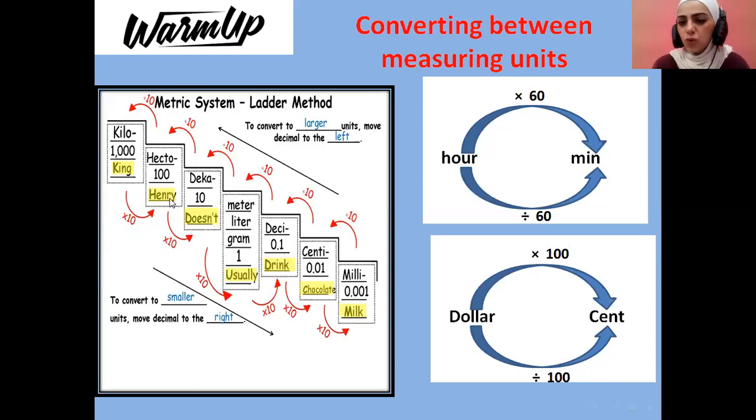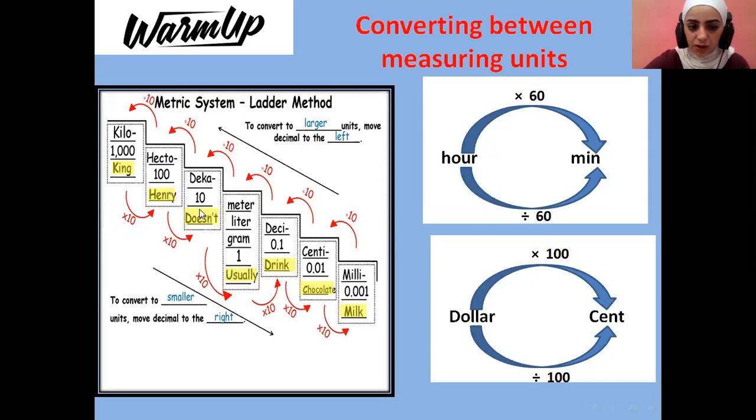We don't use them, so we don't need them. And the larger one is the kilometer. Every step of these means 10. So when you change from kilometer to hectometer, that multiplies by 10. Hectometer to decameter times 10. Decameter to meter times 10. But since we don't use these two, skip them.